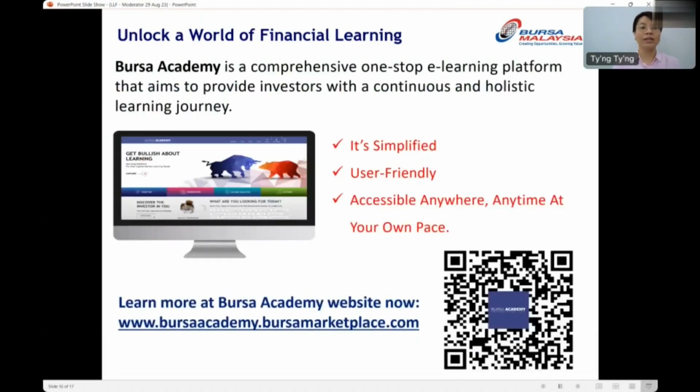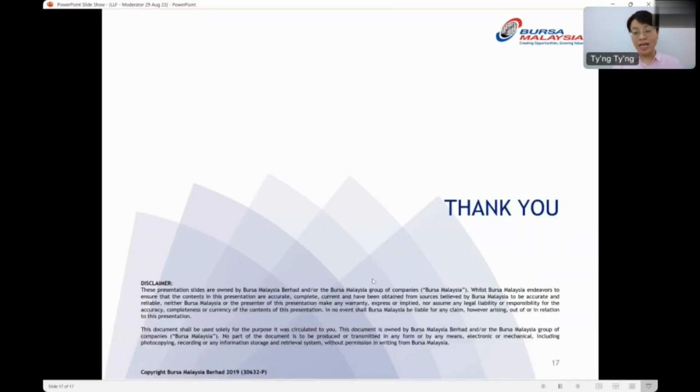The last one, Bursa Academy, is a comprehensive one-stop e-learning platform. Whatever you need to learn, you can access it. You can scan this QR code, or go to bursaacademy.bursamarketplace.com.